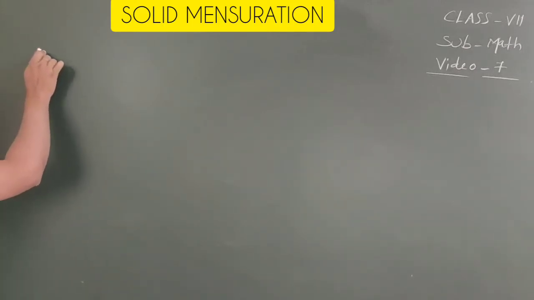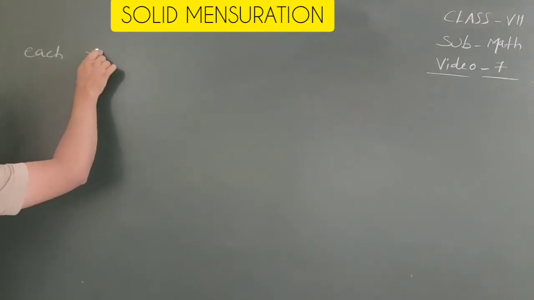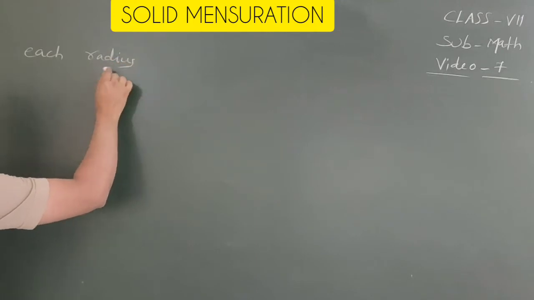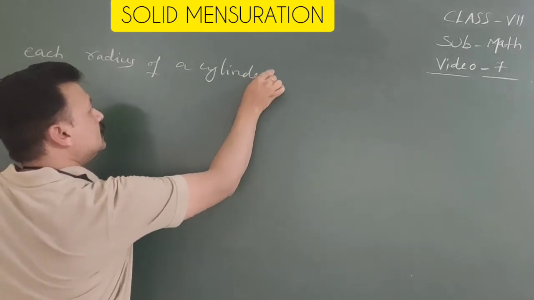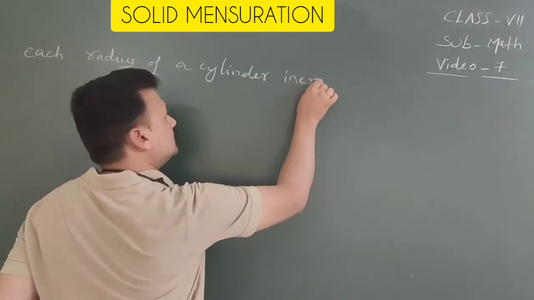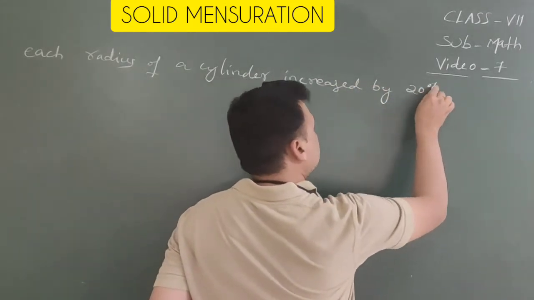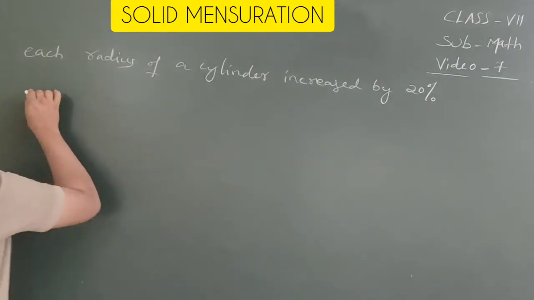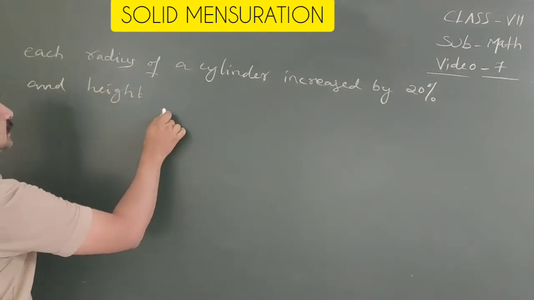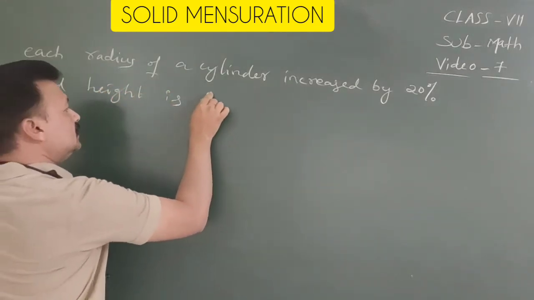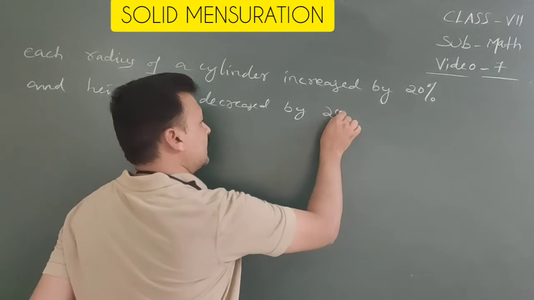Here, each radius of a cylinder is increased by 20%, and the height of the cylinder is decreased by 20%.